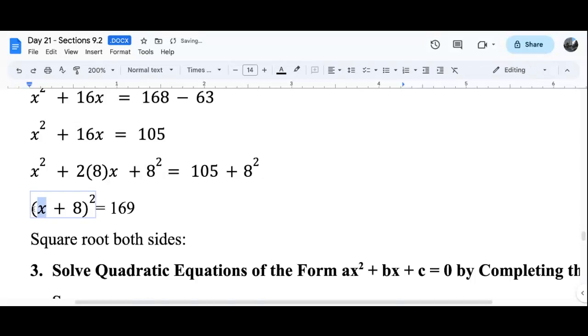If I square root the left hand side, I get x plus 8. If I square root the right hand side, I get plus or minus 13, because the square root of 169 is 13.